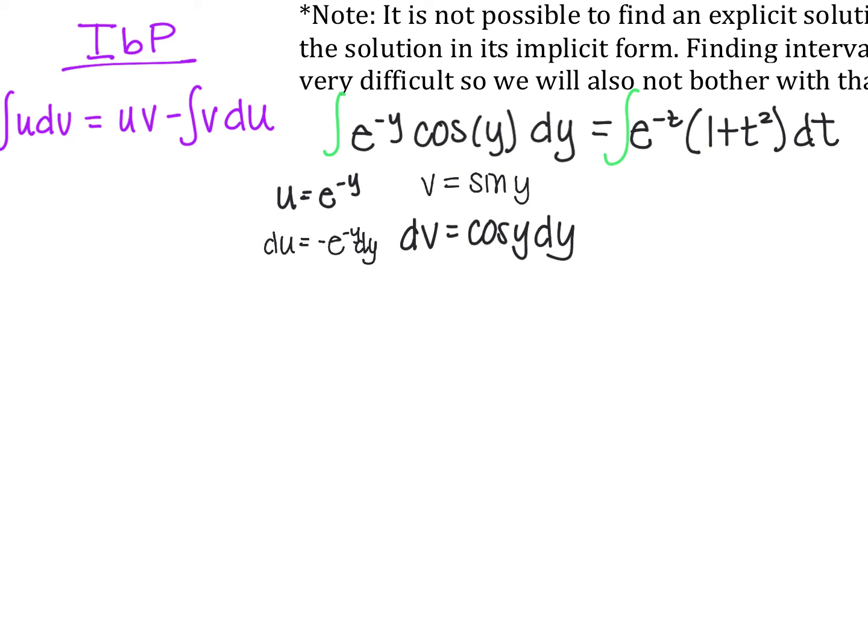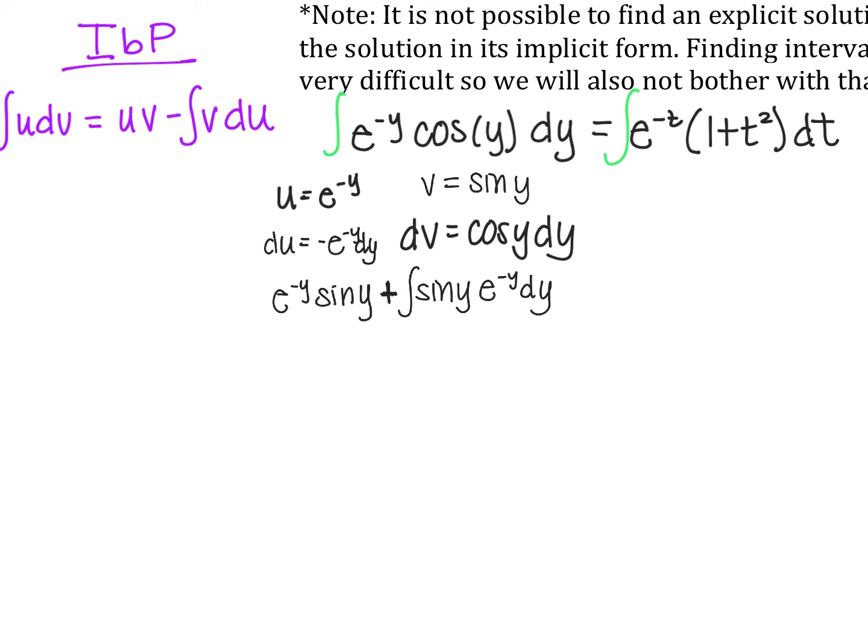And what we would do is uv, e to the negative y sine y, minus the integral of v du, which is negative e to the negative y dy. I'm going to stick my negative out front and make that a positive.